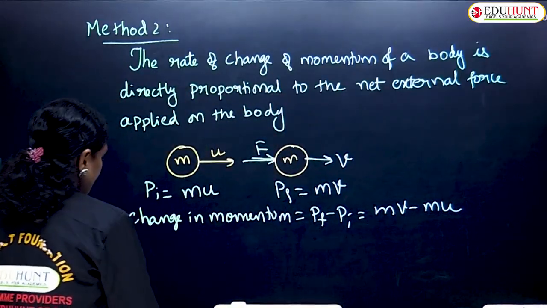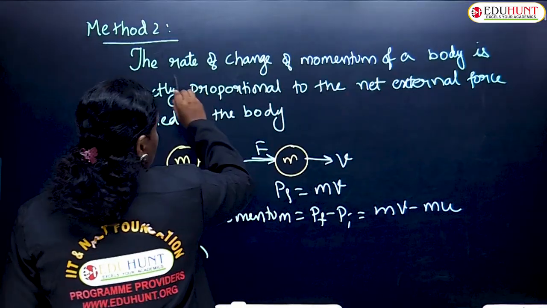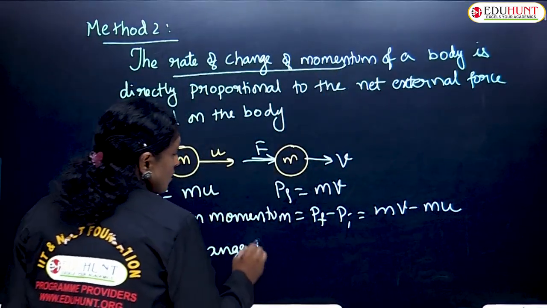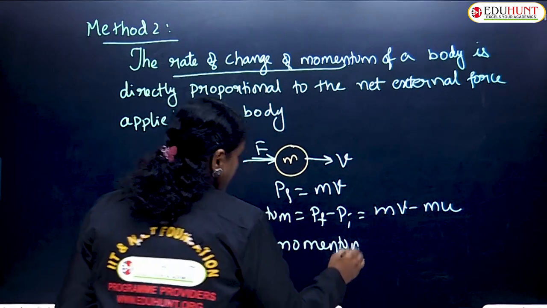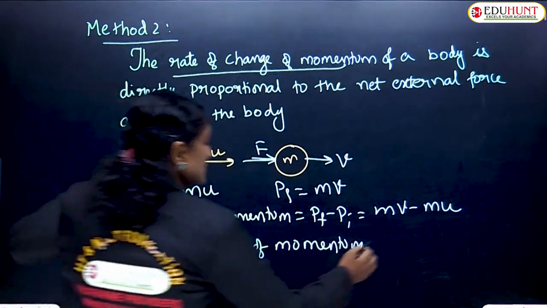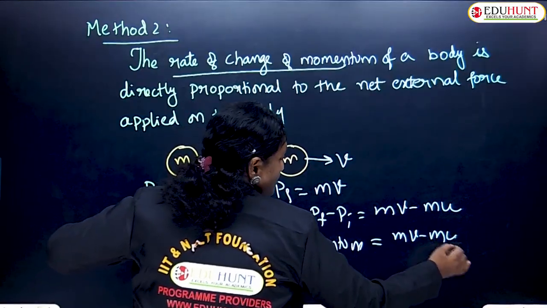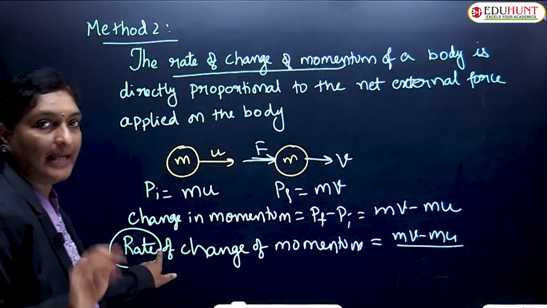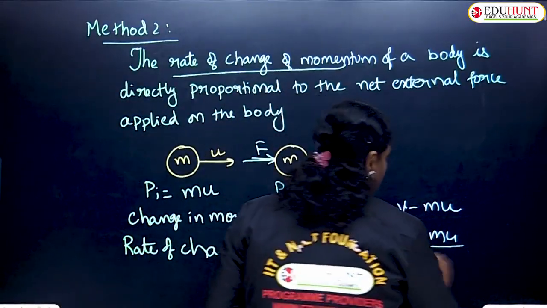To find the rate of change of momentum, we divide by time, since rate means per time.